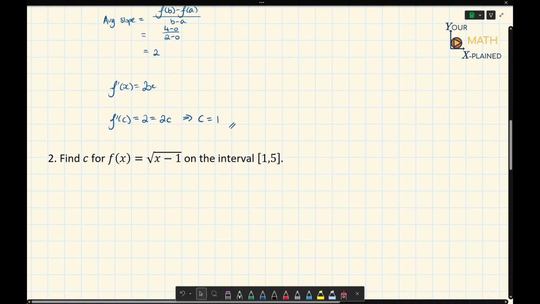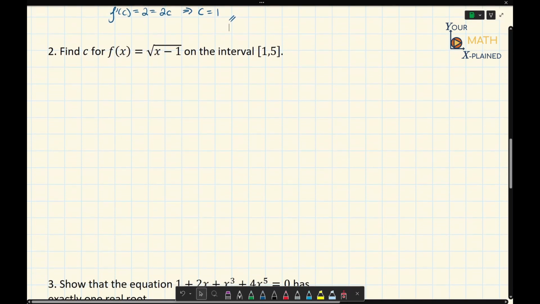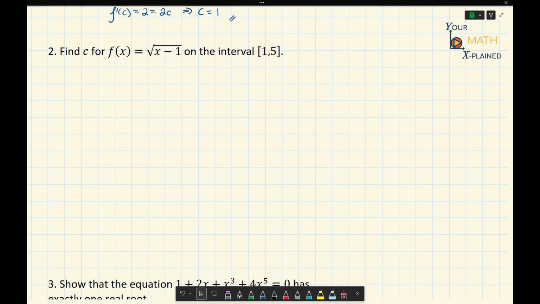For our second example, we're going to be doing the same thing. Our function this time is the square root of x minus 1. And notice that this function is continuous on the interval [1, 5]. But we also need to make sure that it is differentiable on the open interval (1, 5). So let's go ahead and find our derivative first.